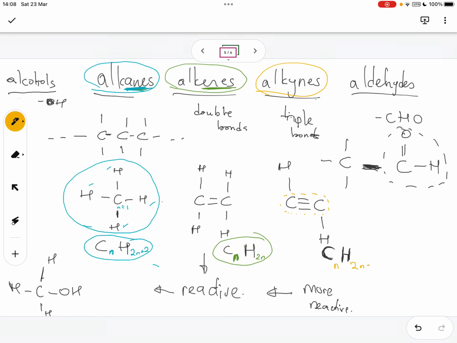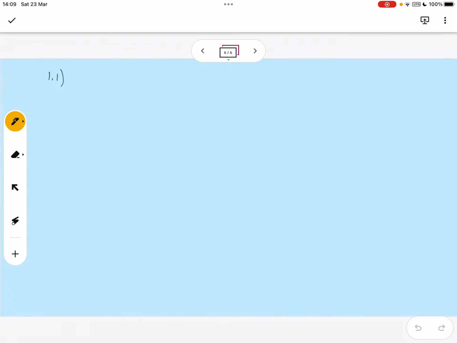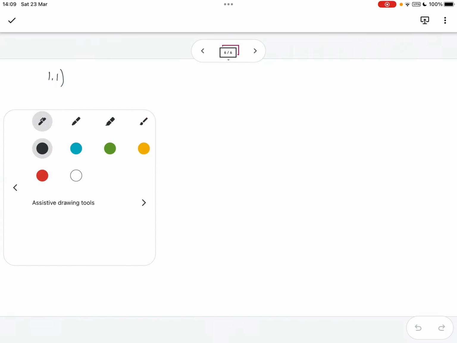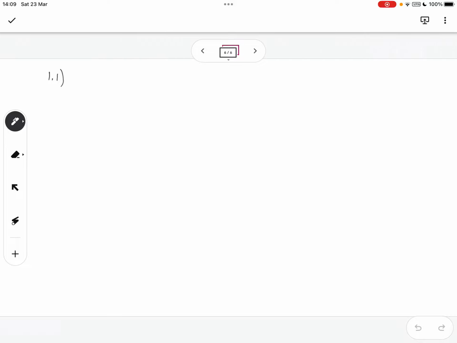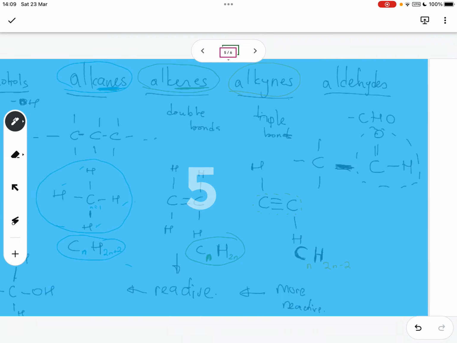Okay, cool. So 2n minus 2. So in other words, here, for every 2 carbon atoms, we have 2 times n, which is 2 times 2 is 4, minus 2. Then that gives us the corresponding number of hydrogens. Now, if we're going to guess for number 1.1, for alkynes, we've got CnH2n.